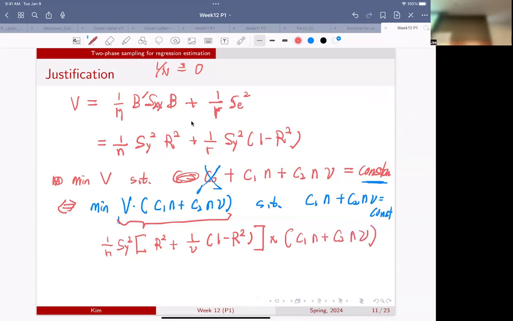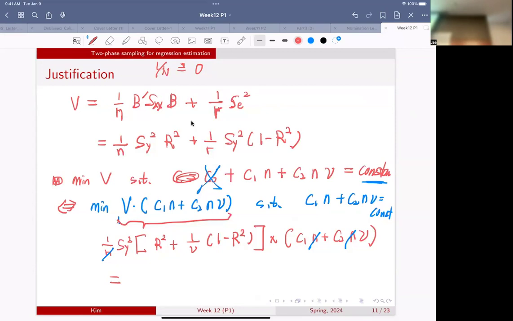Here's the magic. N goes away. Previously we had two unknowns, n and nu. But if you do this trick, then you have only one unknown, which is nu.